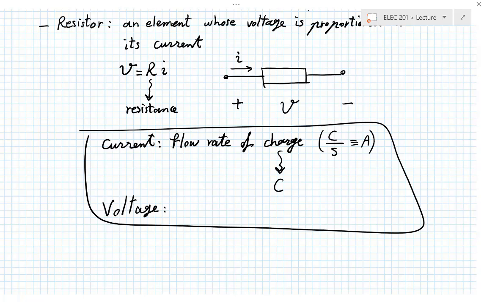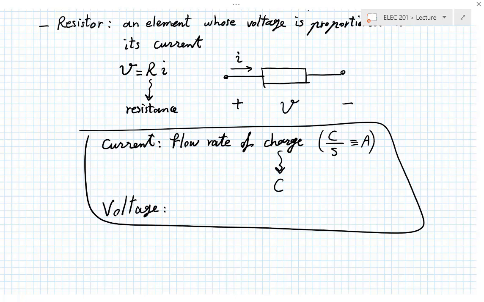Voltage, the voltage of an element that we define like this in a circuit, is the equivalent of that height difference, but the electric equivalent of that. So it's what provides the stimulus for the flow of current, if you want. So I'll write this down.